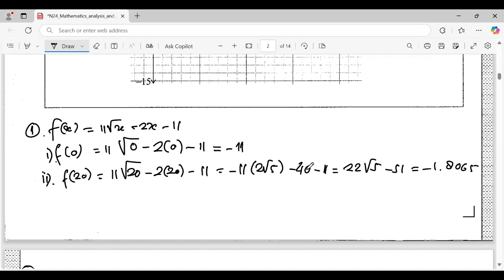And if √5 is negative, it becomes −22√5 − 51, which is about −100.193. So if it's positive, the result of f(20) is this one.